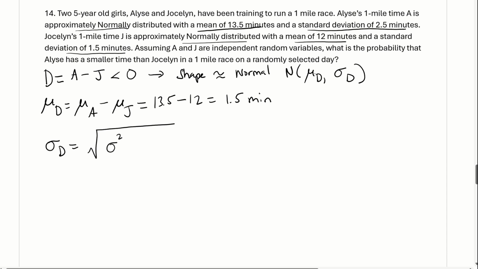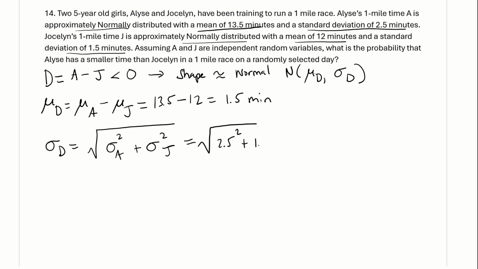So you take the square root of the 2 variances, sigma squared A and sigma squared J. All right, so we got the square root, and then Elise's standard deviation is 2.5 minutes squared, and the other one is 1.5 squared. So when you do that, you get about 2.92 minutes.